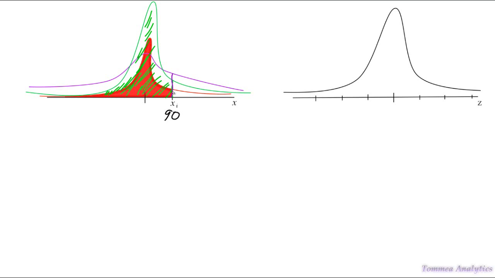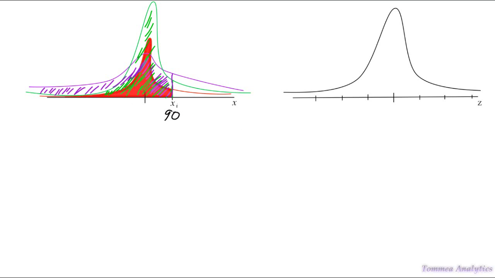Still at 90, we shade in all the area under the curve, all the way out into the tail towards negative infinity again. And as you can see, there's different areas underneath the curves. So we simply need a convenient way to find the areas for any shape of a normal distribution.